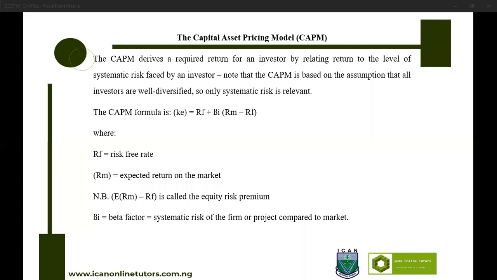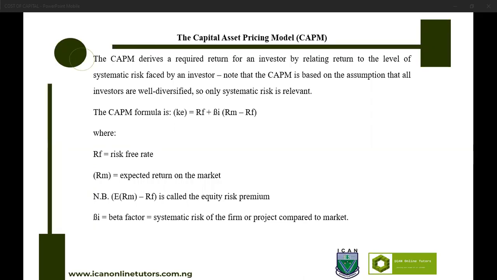So the CAPM formula is derived as KE equals RF plus B into bracket RM minus RF. The RF represents the risk-free rate of return, also known as the government bond, or we call it government yield.